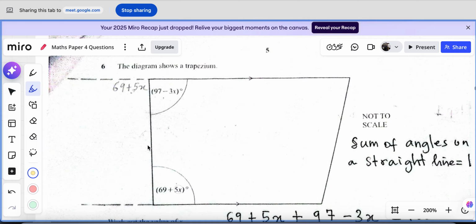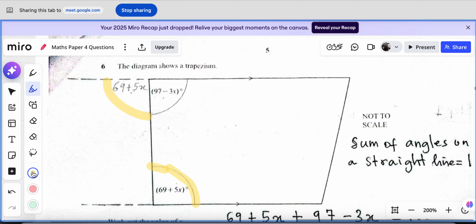Now, if you have two parallel lines and a line joining them, this angle is alternate to this angle. This whole angle is alternate to this angle on the other side, since the two lines are parallel. You can as well say the one inside here is alternate to the one outside here.